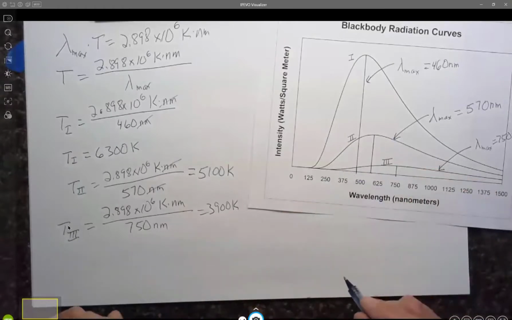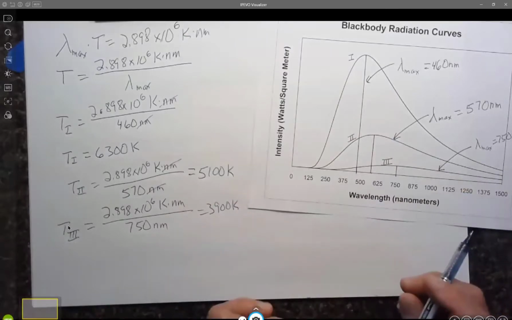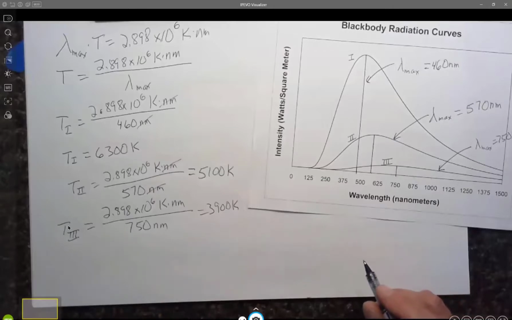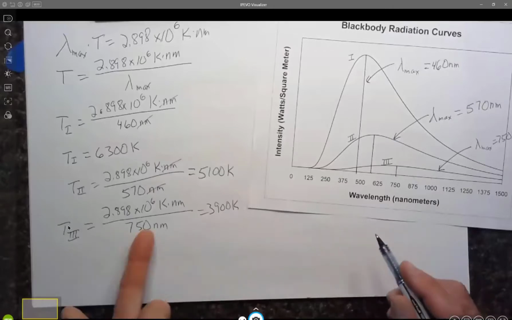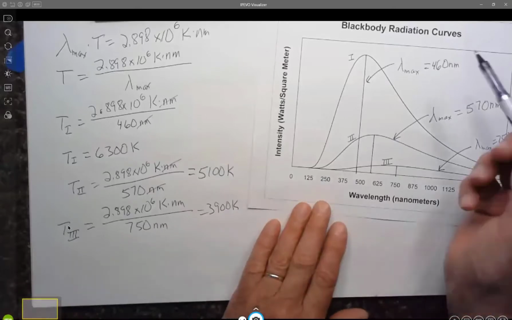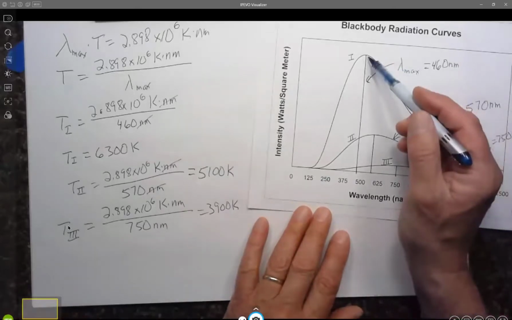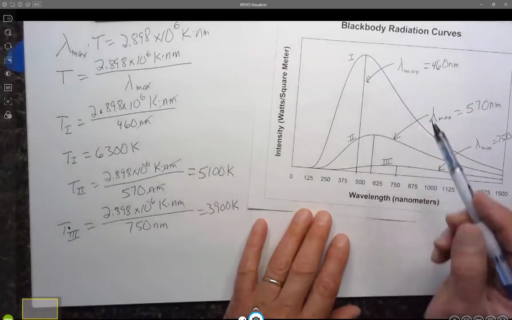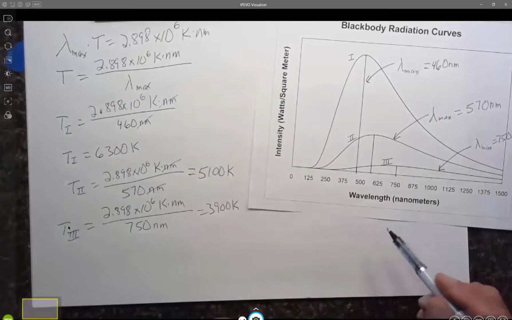Now, with electromagnetic radiation, shorter wavelengths mean higher frequencies. And so if we'd been instead calculating the frequencies, which we could do, we'd find out that higher temperature corresponds to a higher maximum frequency as well. So that's one thing to notice.